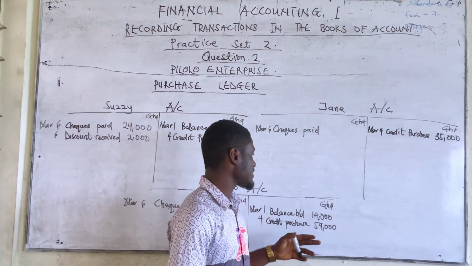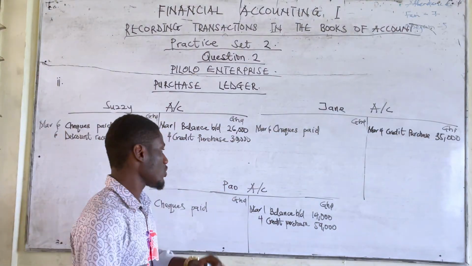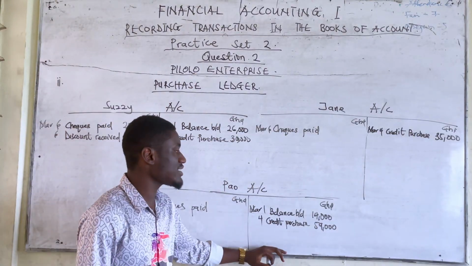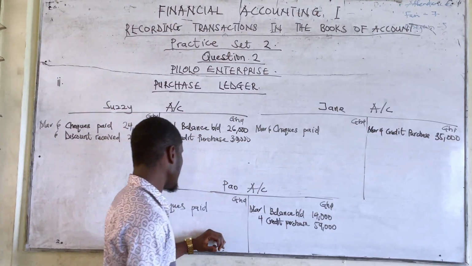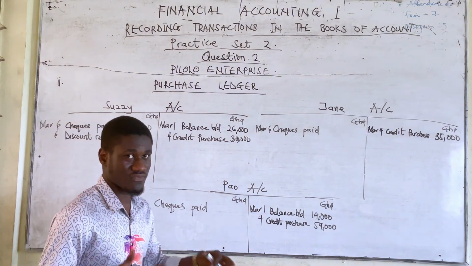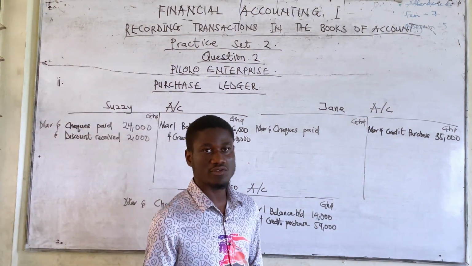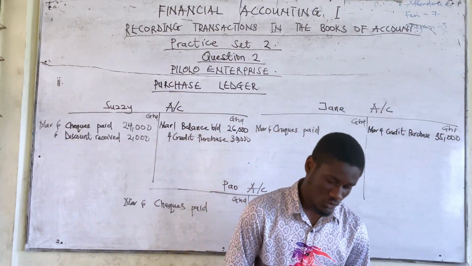So if you don't get it, then the credit side for the purchases ledger, or the creditor's account, shows an increase in the amount we owe them, and the debit side shows a decrease in the amount you owe them. So if you want further explanation, you can refer to my video on control account to get a better understanding of it. Good.